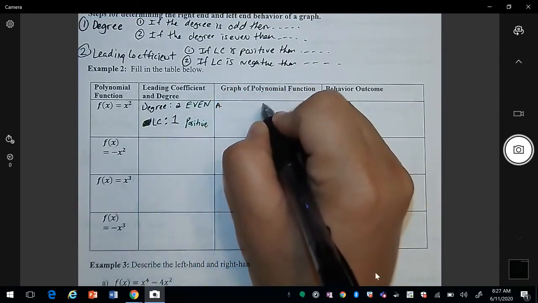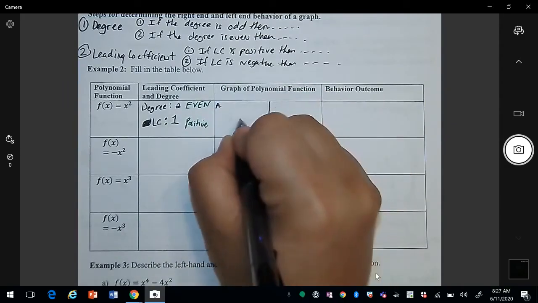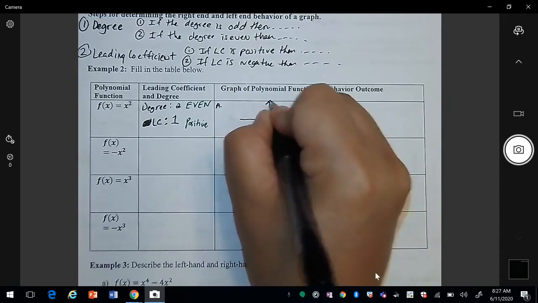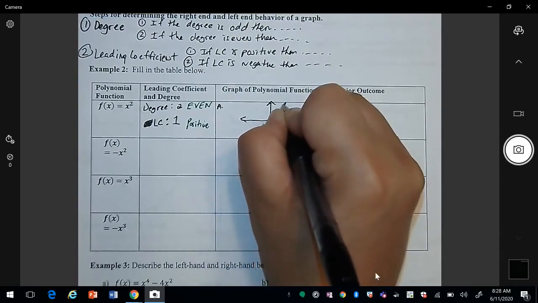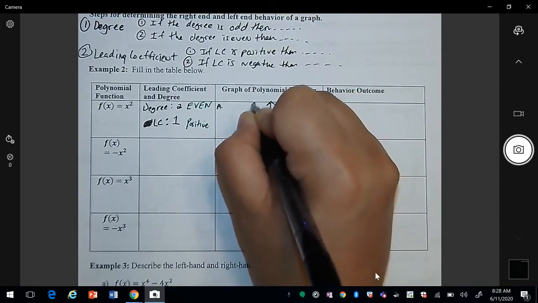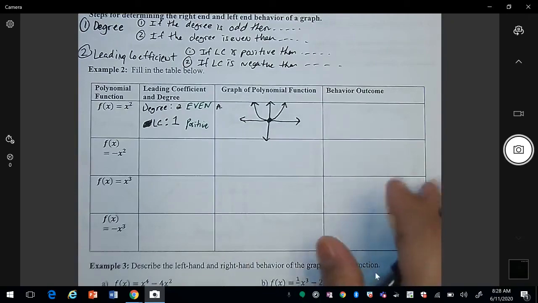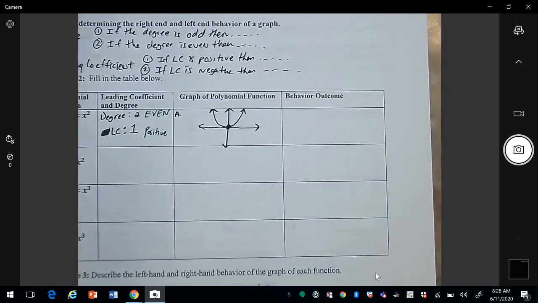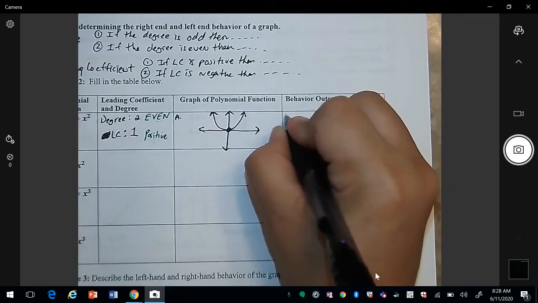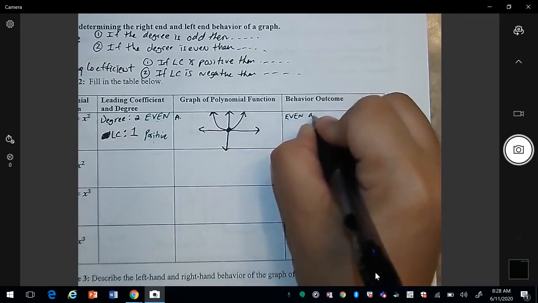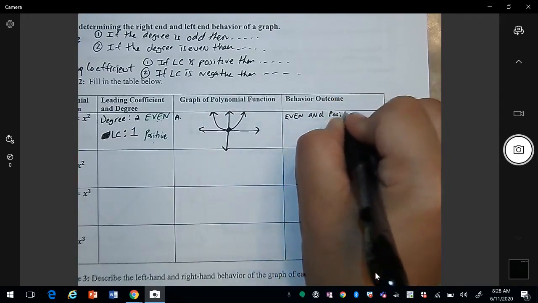So the graph for this parabola looks like this. Okay, so the behavior when a function is even and positive, when the degree is even and the leading coefficient is positive, is going to be as follows.